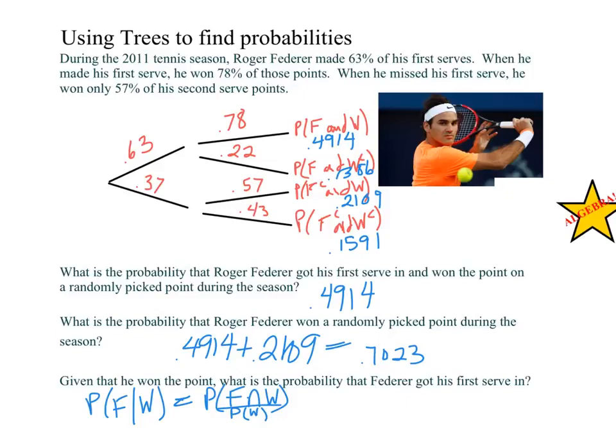Okay, so first and win, we already calculated that up top. It was 0.4914, and the probability that he won a point is our previous answer, 0.7023. So if we calculated that, that would be the probability that he got the first serve in, given that he'd won the point.